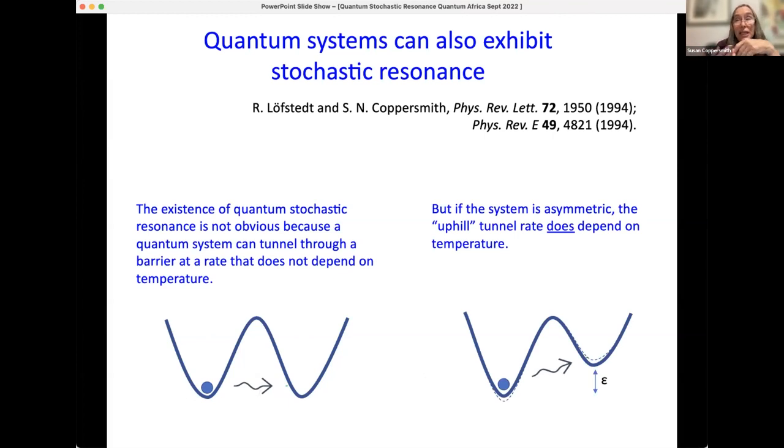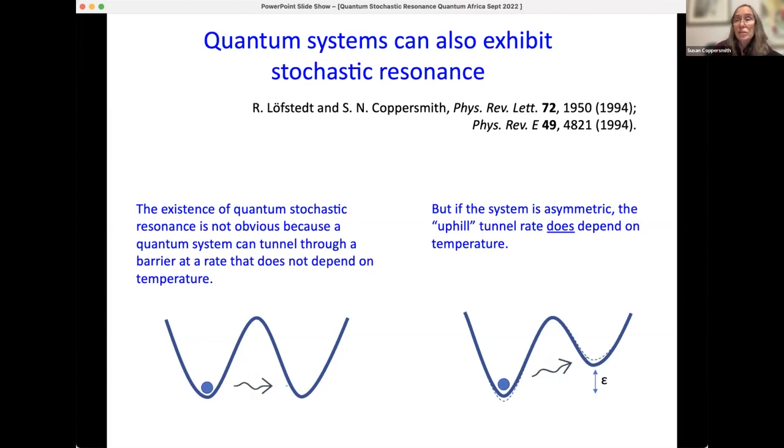But if you have an asymmetric system, then it's true that one of the rates is independent of temperature and stays finite at zero temperature, but the uphill rate, the other rate, is still temperature dependent. So it's quantum tunneling, totally quantum dynamics, but because you have an asymmetric system, you do have a temperature dependence that's very strong at low temperatures, but just for one of the rates.